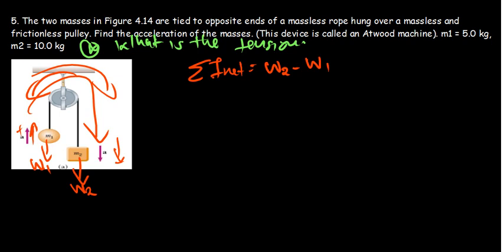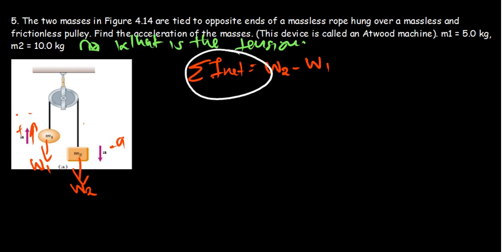Okay? So if that is the case, we have said that this one is going to have negative acceleration, but this one is going to be positive. Now, we know that we have got two masses. We are supposed to replace F net with mass times acceleration, but we can't replace it with only one mass because we have got two masses.